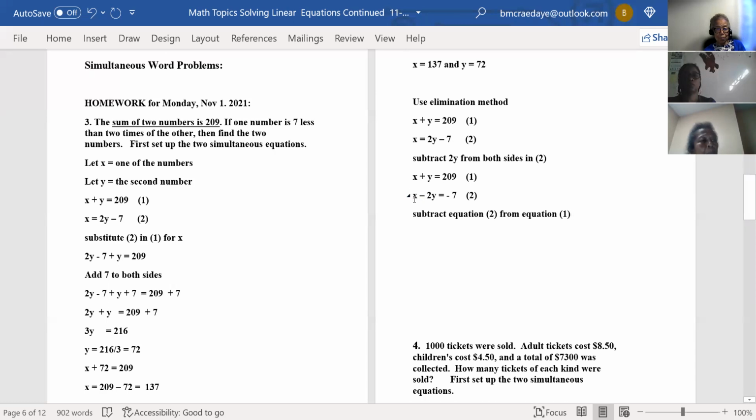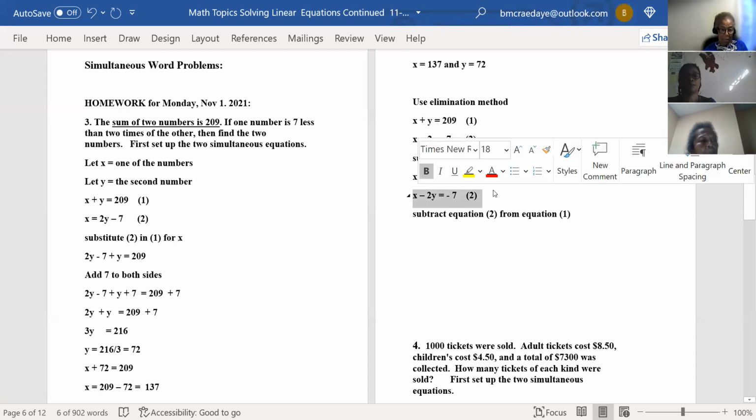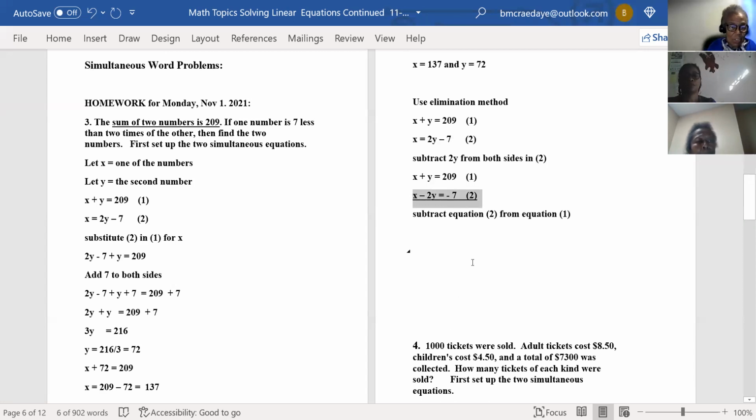What do I get when I subtract equation 2 from equation 1? x minus x gives you what? x minus x gives you 0. That's right. Okay, now y minus a minus 2y.